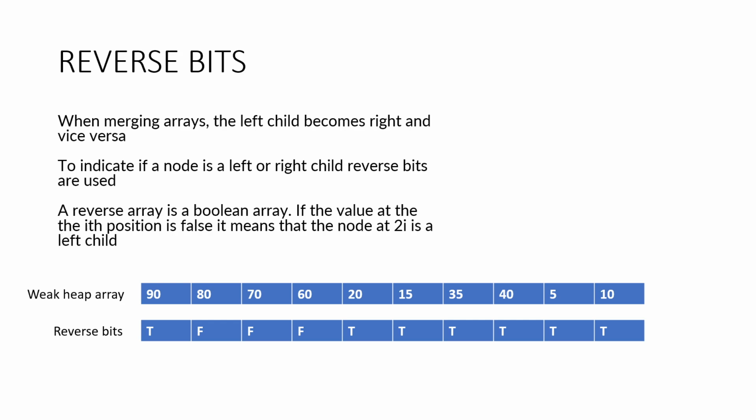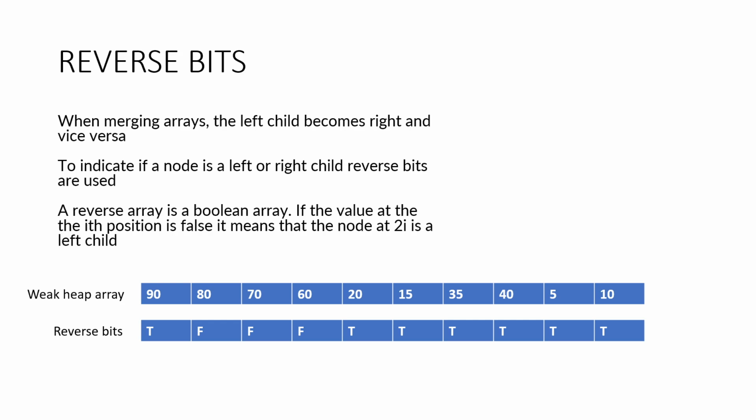So, as you can see with the previous example, the node with the value 80 is given a false bit. So this means that 80 is at an index of 1, and the node at index 2i is the left child of 80.